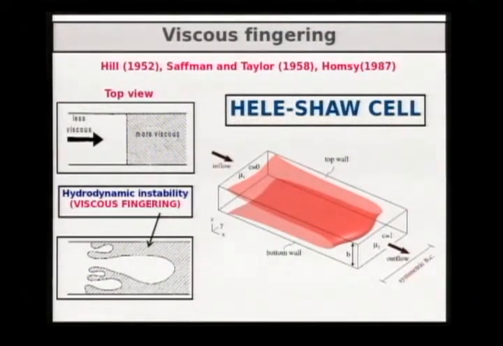This porous media flow is, in most cases, modeled using a Hele-Shaw apparatus, which simply consists of two solid plates put closely together.